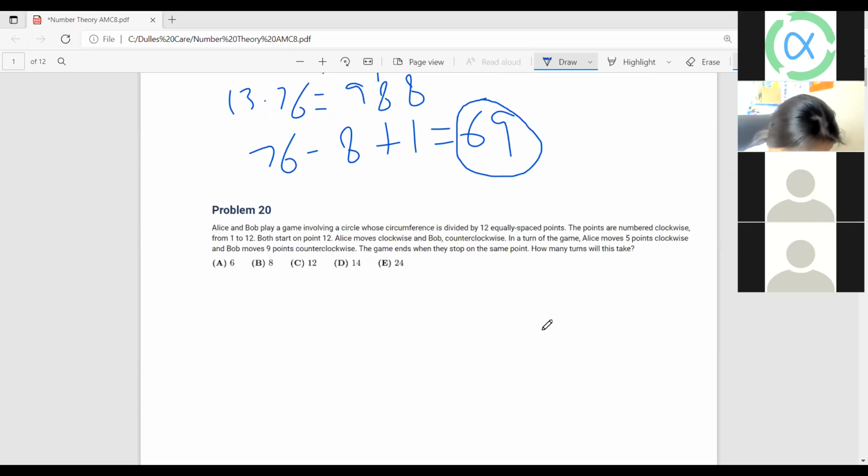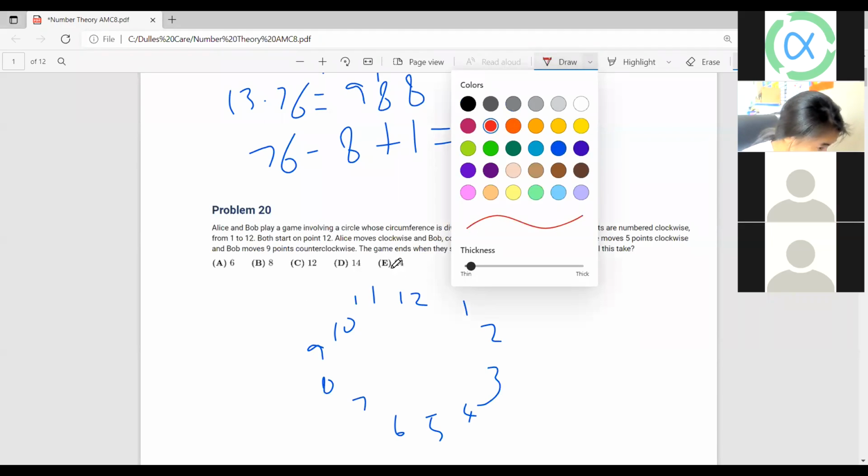Basically this is essentially a clock. 12, 1, 2, 3, 4, 5, 6, 7, 8, 9, 10, and 11 right here. So this is roughly what the circle looks like. And they both start at point 12. Let me just do that in red.